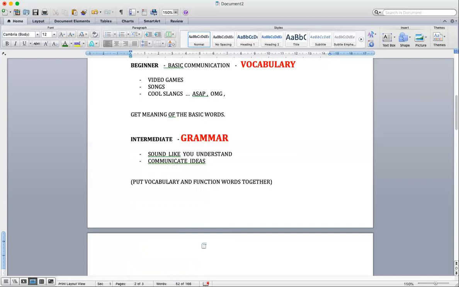You need not have the full meaning of it, just the meaning of the words you use. So simply, when you go to a restaurant, beginners can just start with coffee, pay, cash, credit card. This will be enough to communicate the basic things. But when you're getting into the grammar level, you need to use the full form. Can I get a cup of coffee? It would be nice if I get another spoon.